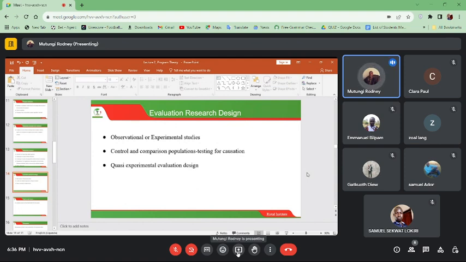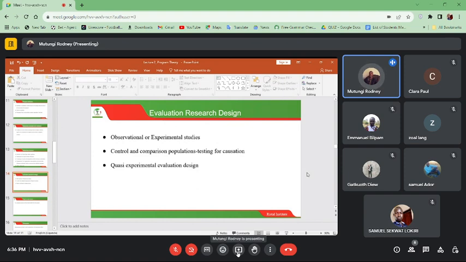From the start, you can have your target population, and then another population which looks like your target population, but is not in that area, or it could be in that area, but you choose to give one group your intervention, and then another you do not give that intervention. When you're doing this evaluation, you evaluate whether there was significant change in this group that took on your intervention. So you want to see whether your intervention has a positive result or not.